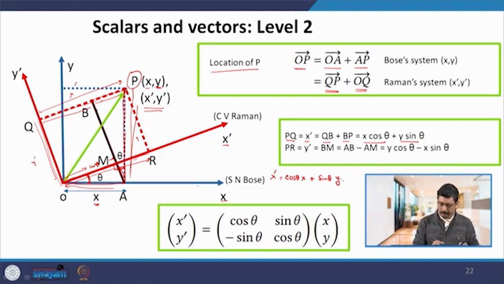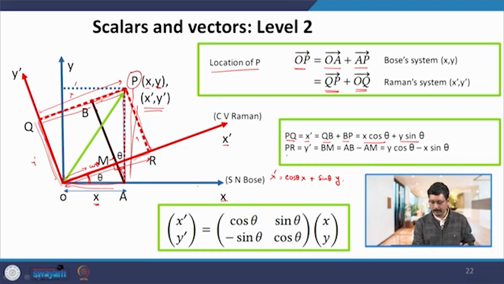Now, how much is y prime? So, y prime is this distance. So, y prime is the same as OQ, and in this rectangle y prime is the same as PR.